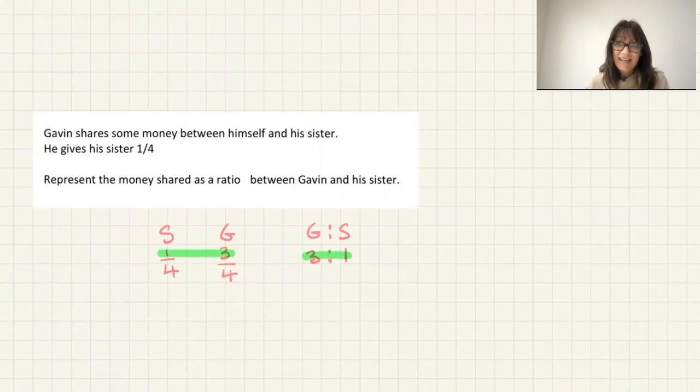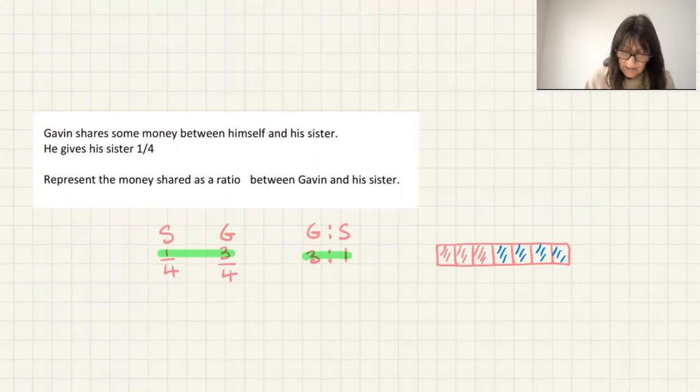Now those numbers, although they're the other way round, are exactly the same as the numerators. And that's the link. That is exactly what's going on here. If I draw a little picture, like this, 1, 2, 3, 4, 5, 6, 7, and I shade that red and that blue, and I asked you to tell me what the ratio of red to blue was, you would happily say 3:4.